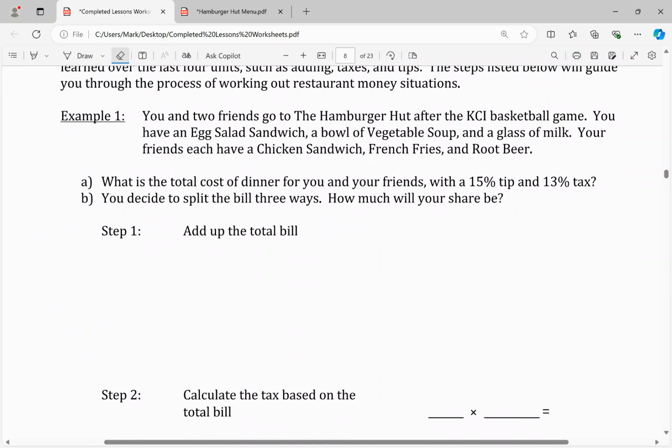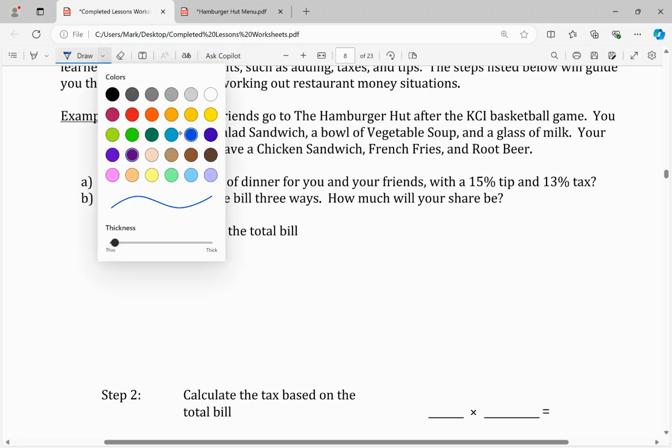Well, before the tip and the tax, we need to add up the total bill. So that's step 1. So let's make a list here of what we are purchasing.